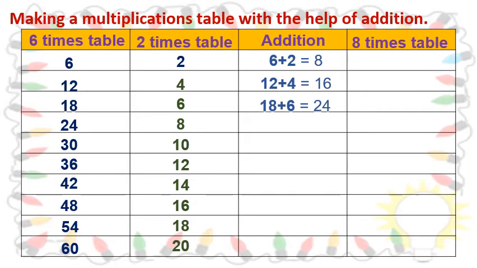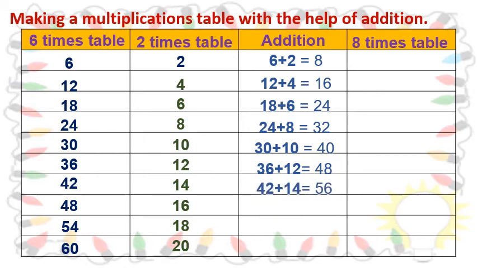Now see students, we are adding the number present in the 6 times table and the number present in the 2 times table. Now 24 plus 8 is equal to 32. 30 plus 10 is equal to 40. 36 plus 12 is equal to 48.